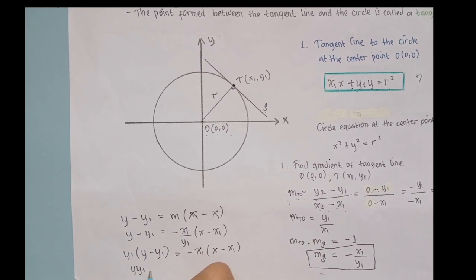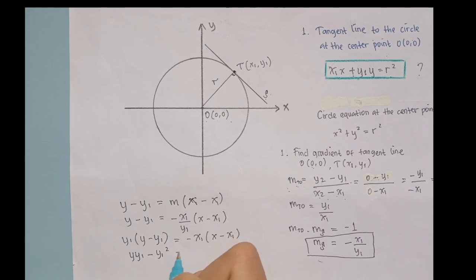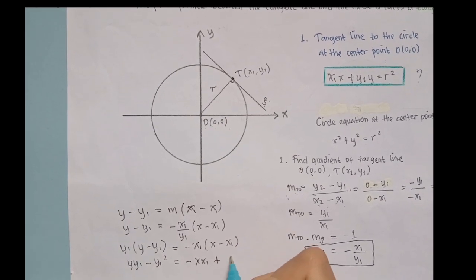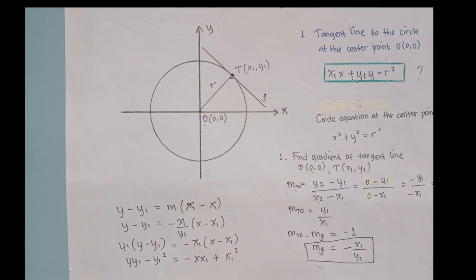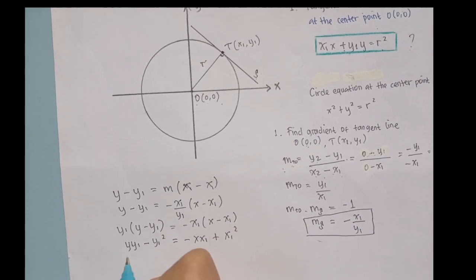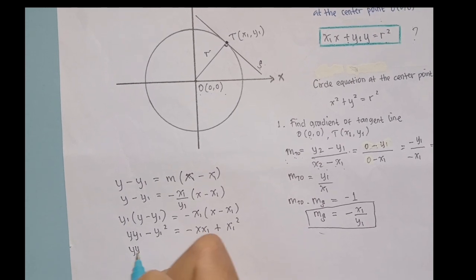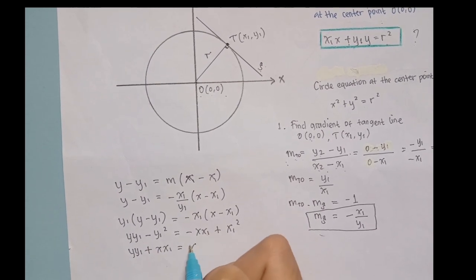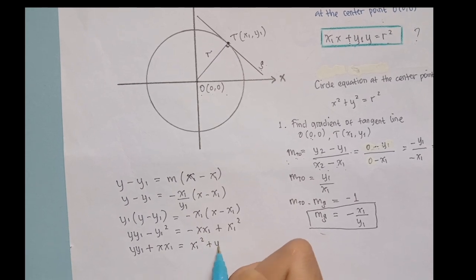Y times y1 minus y1 squared is equal to minus x times x1 plus x1 squared. So y times y1 plus x times x1 is equal to x1 squared plus y1 squared.